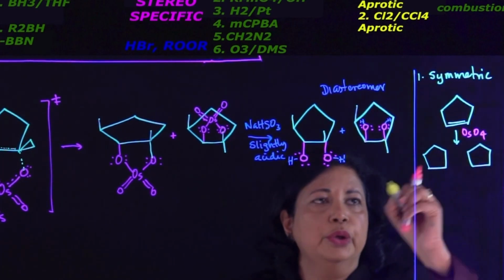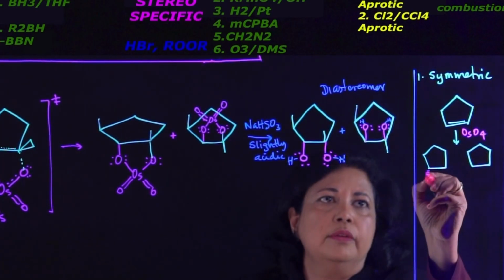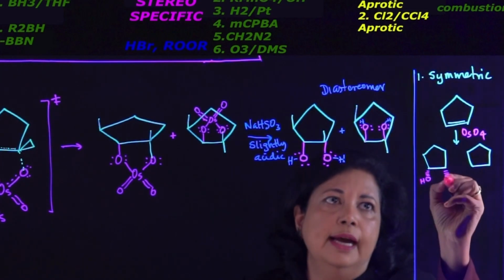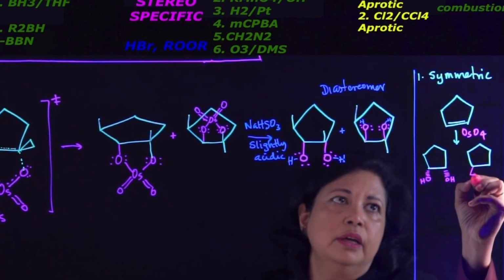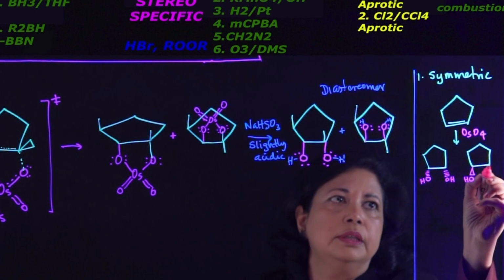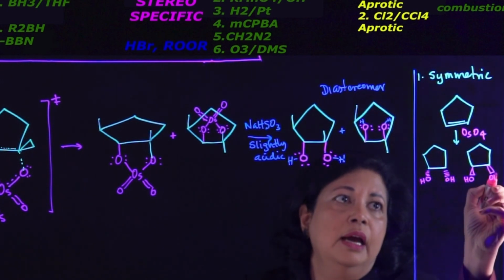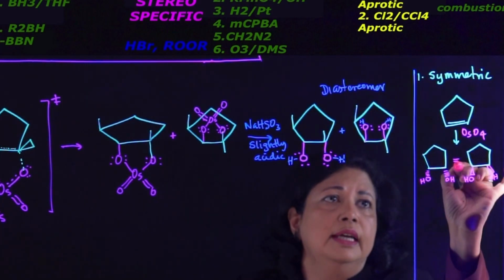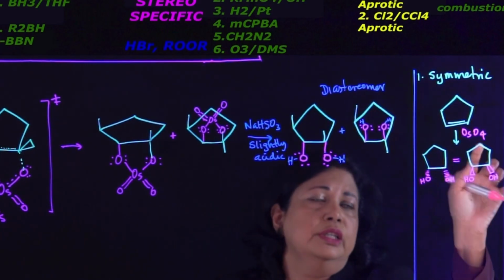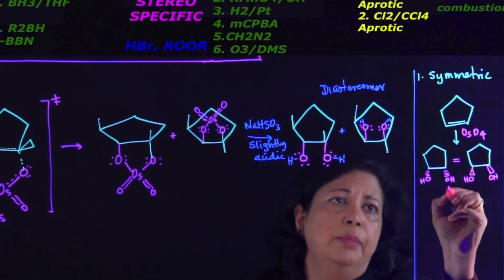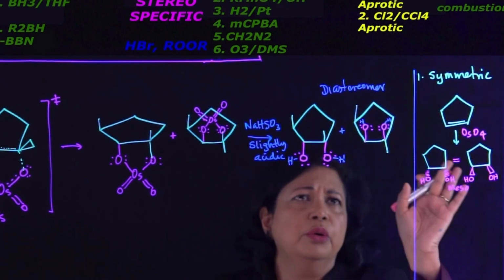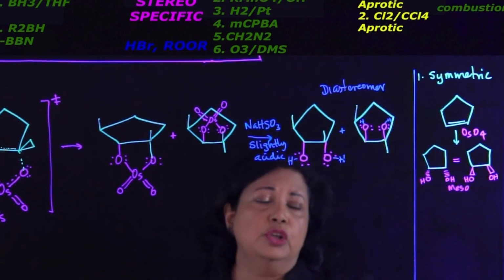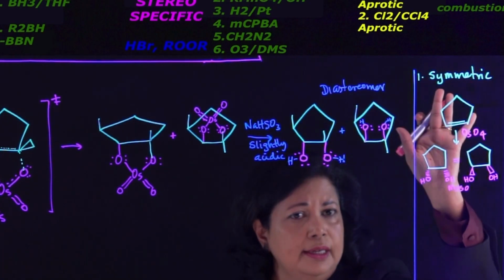In this case, you're going to get OsO4 giving you hydroxyl both down, syn stereospecific, or both up, syn stereospecific. In this case, you just flip this over, it's the same molecule. And it is a chiral center here. So these are meso compounds. So there's really no rule that you'll only get either diastereomers or enantiomers. It depends on the starting material.